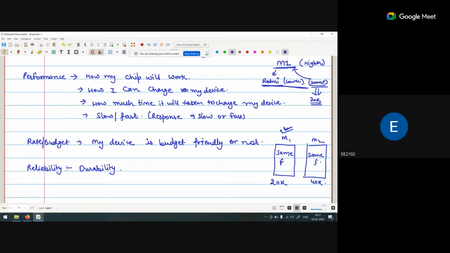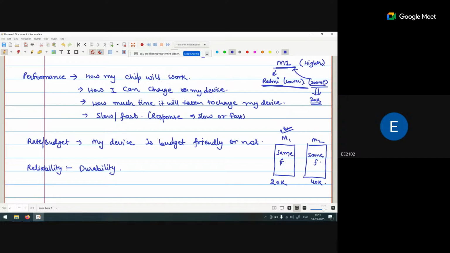After that, it will hang, and lots of issues will happen. Whereas if you purchase an Apple phone, you can go 5 or 6 years without any tension. So reliability is basically durability.